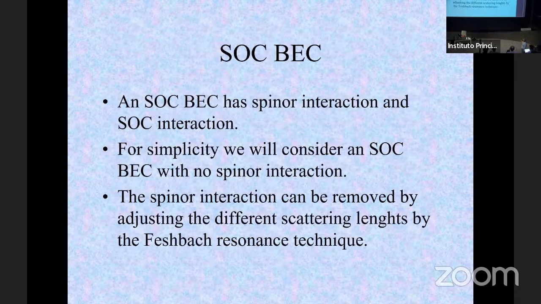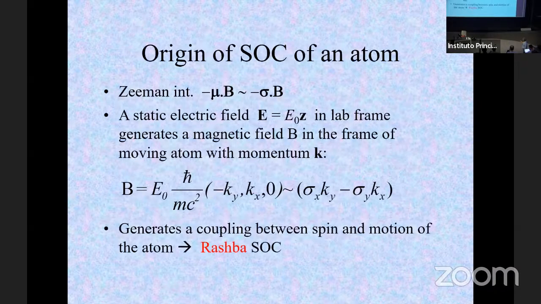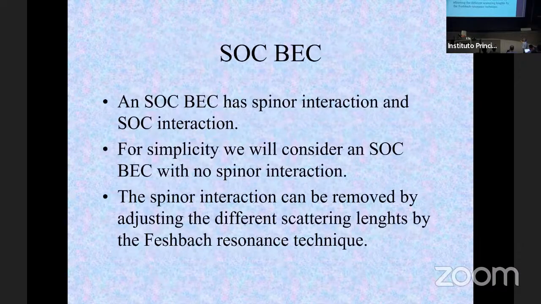A spin-orbit coupled BEC has spinor interaction and spin-orbit coupling interaction. Spin-orbit coupling interaction is this. For simplicity, we'll consider the spin-orbit coupling interaction and no spinor interaction. So we'll have a BEC of different components with no spinor interaction. The spinor interaction can be removed by adjusting the different scattering lengths, because now there are 3 components or 5 components of BEC.